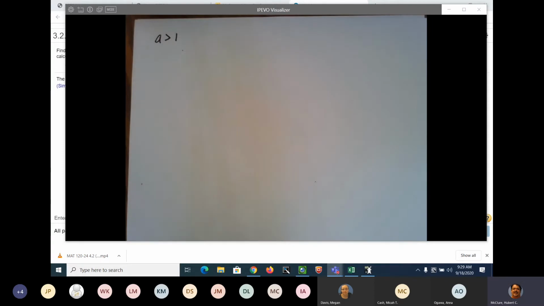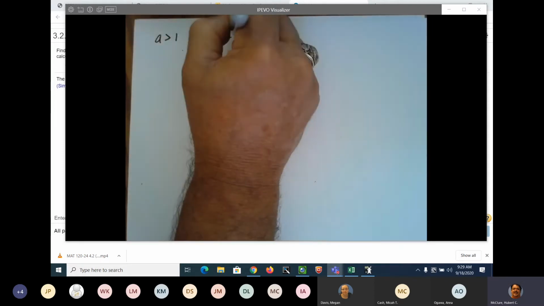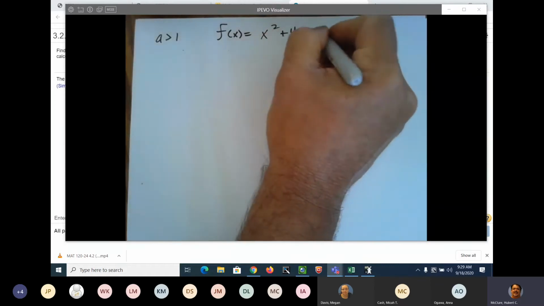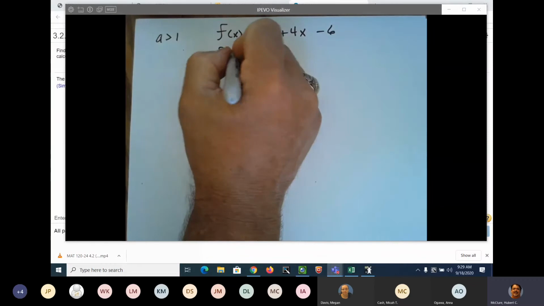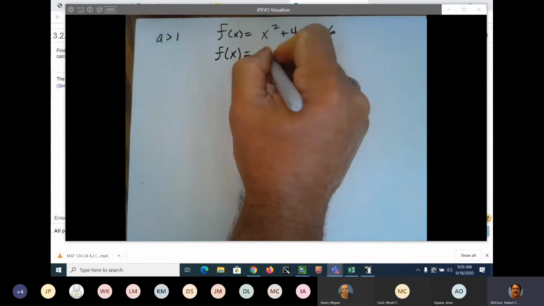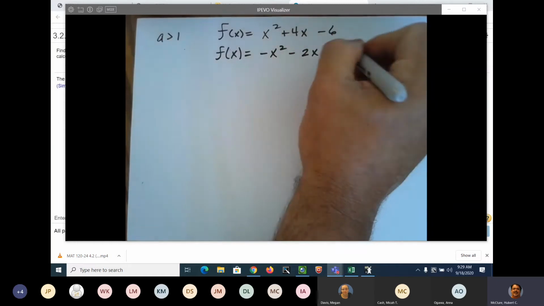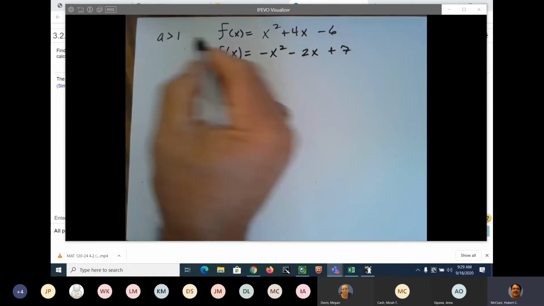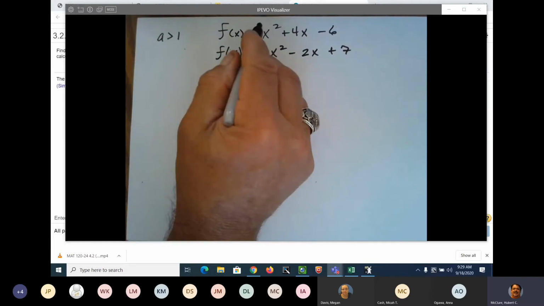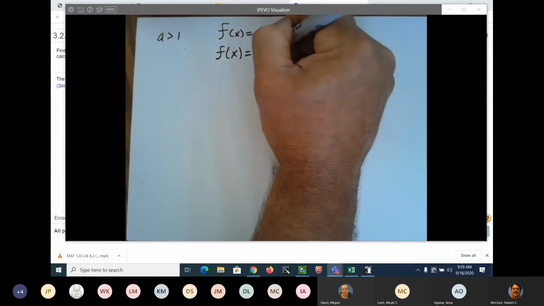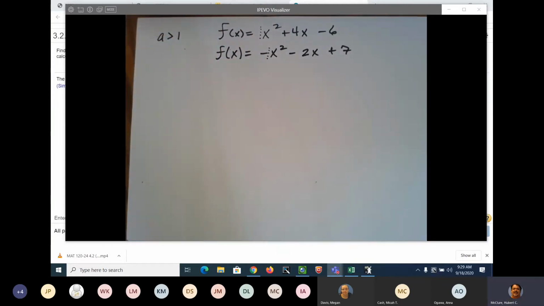So far, we've been doing these. f(x) = x squared plus 4x minus 6. f(x) = negative x squared minus 2x plus 7. The a character was always 1. Well, what happens if it's not 1?